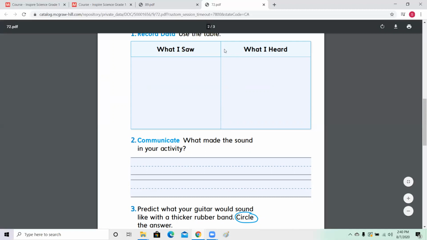So in this table, you record your information or the data. You're exploring now. You're investigating and doing lots of activities. So here you're gonna write, what did you see? The rubber band moving fast. And what did you hear? A rumbling or a twanging.